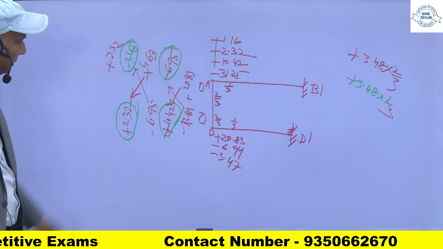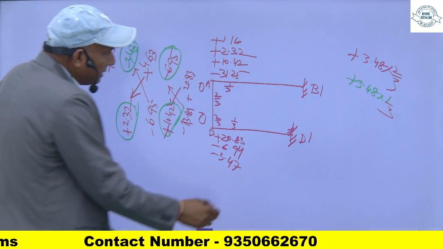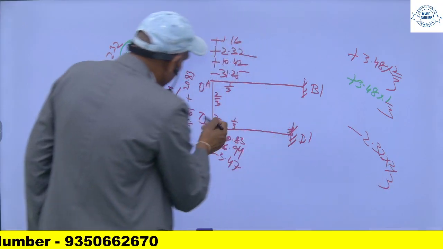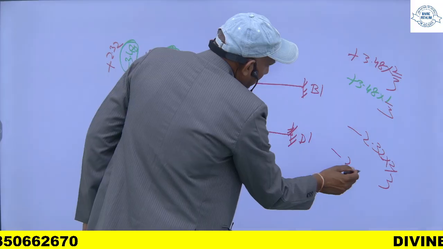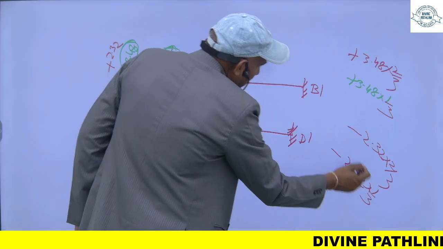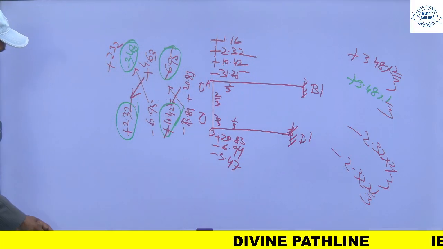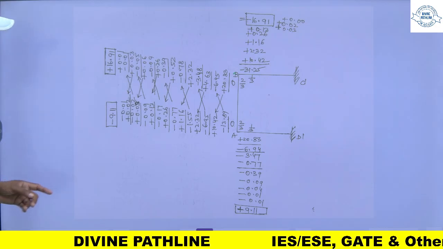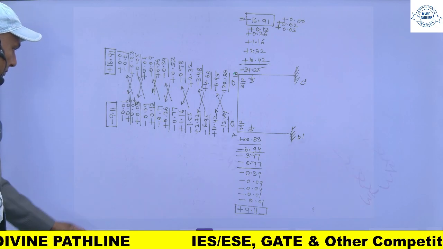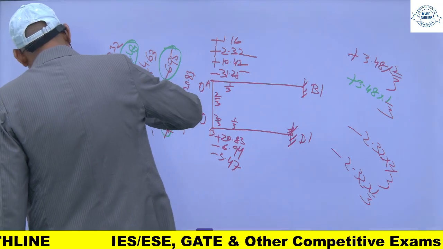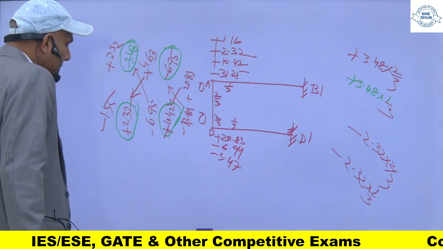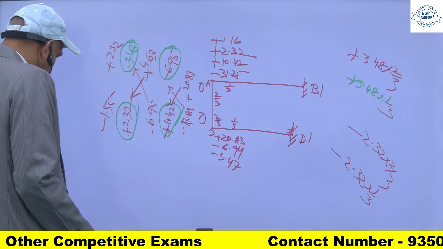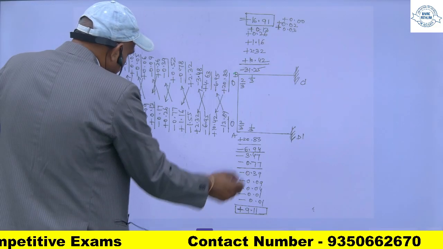For this member, I will apply a correcting moment of minus 0.232 into 2 by 3 for this member and 1 by 3 for this member. So it will be minus 1.55 and it will be minus 0.77.